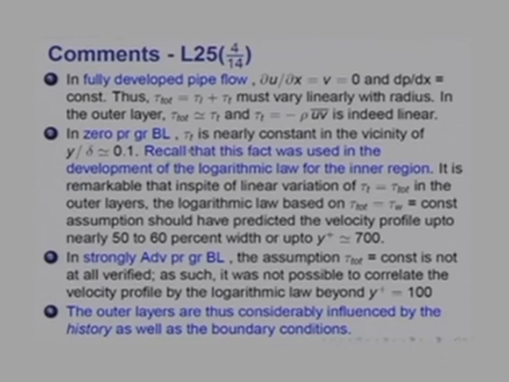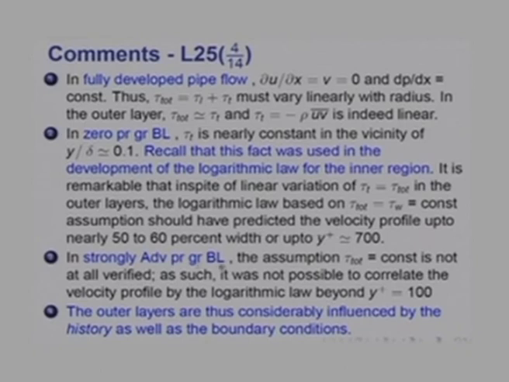So, we developed for the turbulent part of the inner layer using constant tau t equal to tau tot, and we were able to develop the logarithmic law for the inner region, and we found good agreement even up to y plus of 700, which is really surprising, but nonetheless quite good that the constant stress layer still is able to predict the u plus y plus relationship.